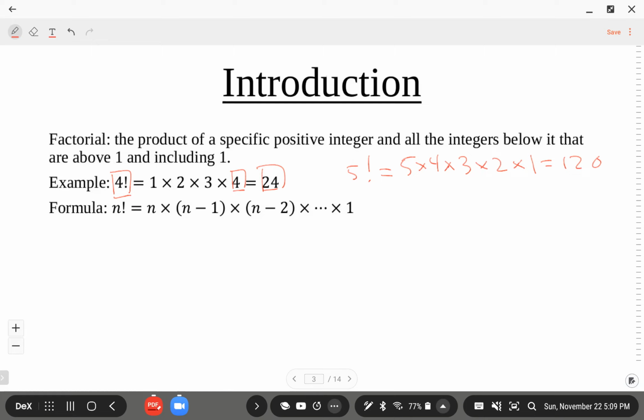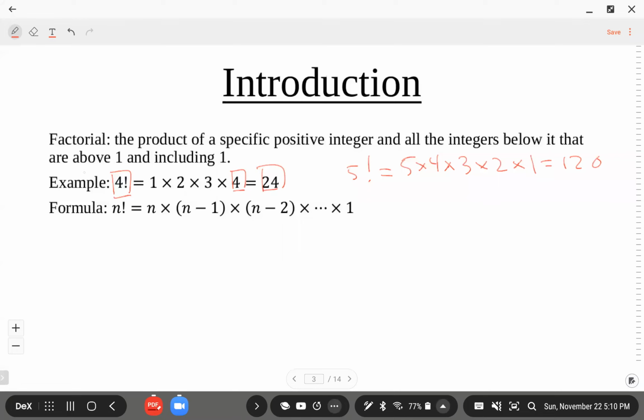Okay, so now that I've explained what factorial is, I'm going to introduce a broad formula for factorial. n factorial, where n is a variable, denotes any specific positive integer.